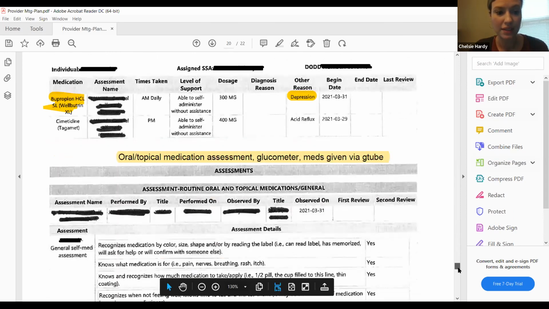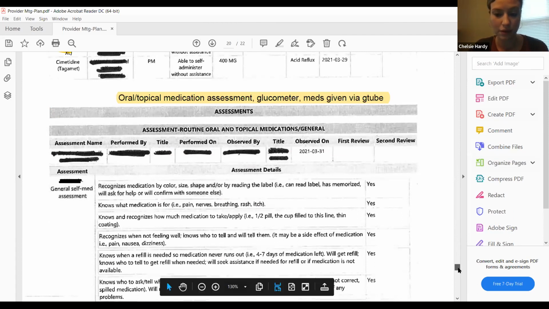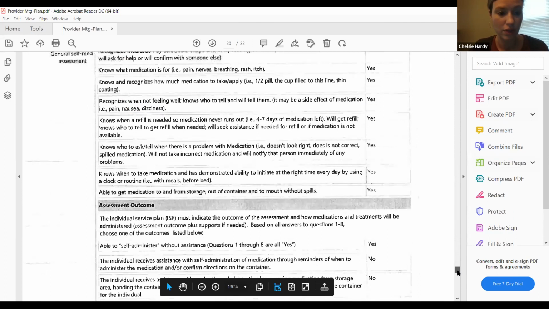You'll also find the assessments back here, and it could be just the oral med assessment, G-tube, but those are also found in the essential health.